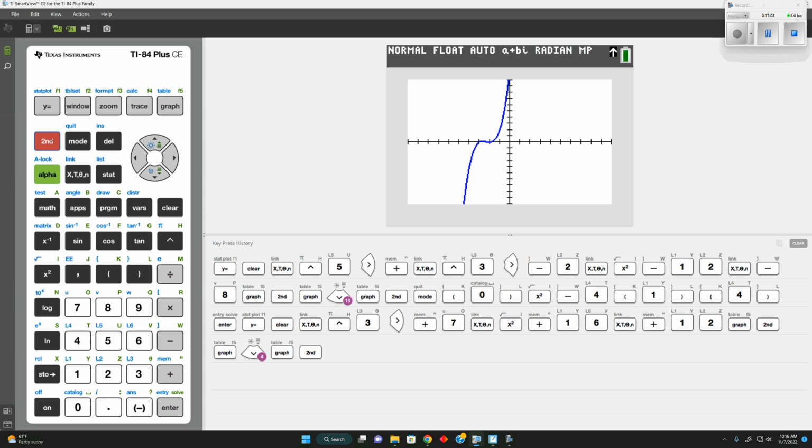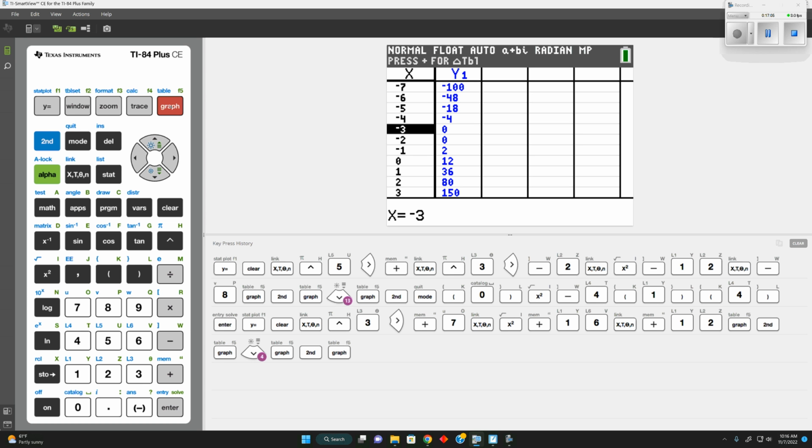Because how many solutions did we find? 2. How many are we looking for? 3, yes? If we do have complex solutions, they always come in pairs because of our complex conjugate theorem. Because if we have a plus bi as a solution, a minus bi has to be a solution. They always come in pairs of 2.